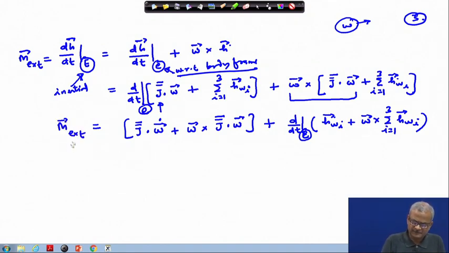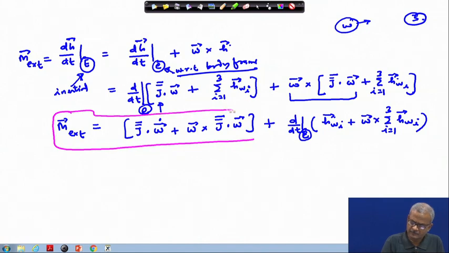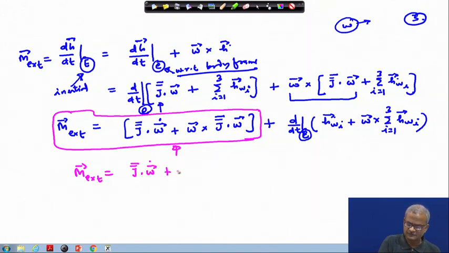Now, you can see that this part, as usual, this is your normal. While we worked with the rigid body dynamics, we derived this equation, M external, what we have written as Euler's dynamical equation, M external equal to G plus omega cross, this we derived.